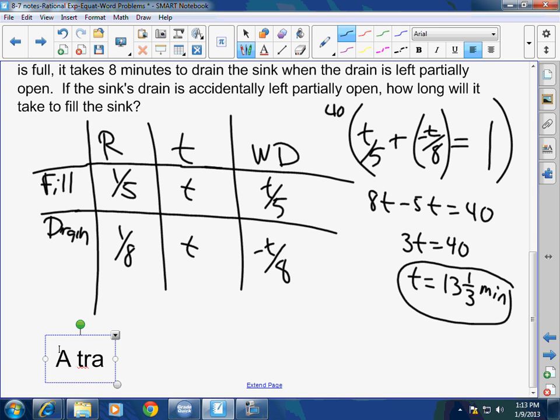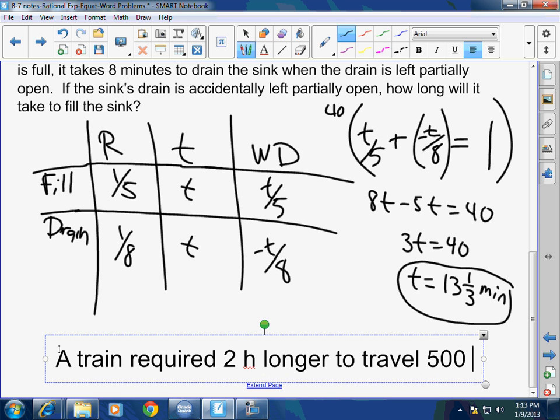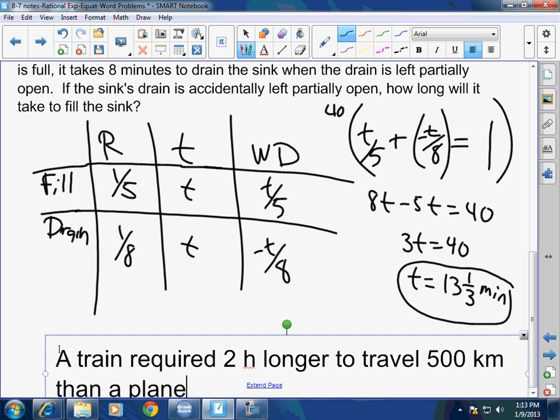A train required 2 hours longer to travel 500 kilometers than a plane required to travel 1,200 kilometers.